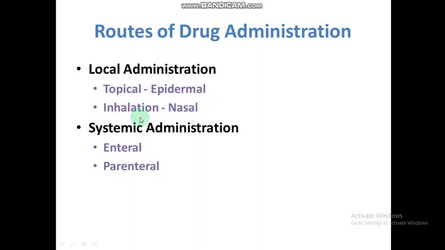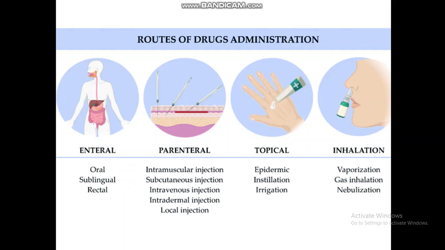Or inhalation. By inhalation, we mean the drug will take the nasal cavity or nasal part through which it is inhaled. Systemic administration means the blood will pass through the whole body, and it will be either enteral or parenteral. We are going to discuss in detail what enteral and parenteral are.